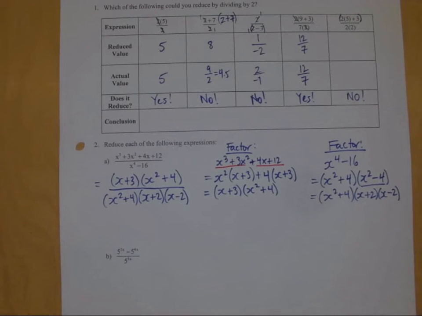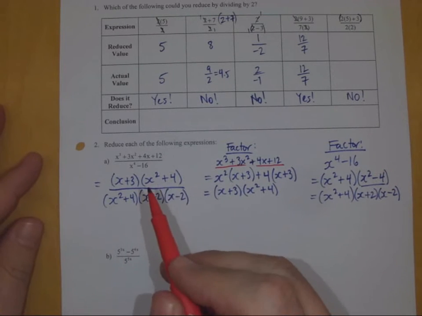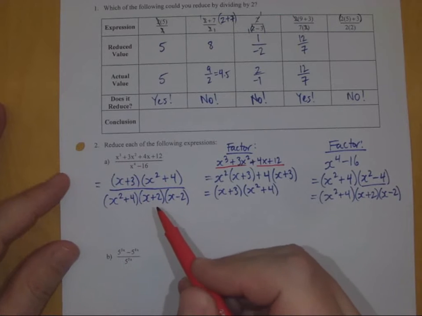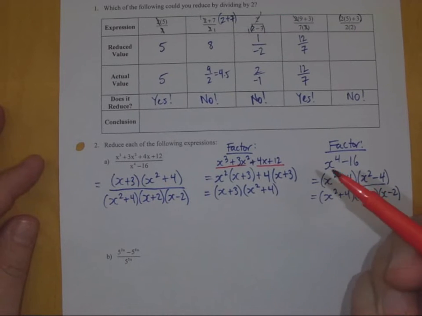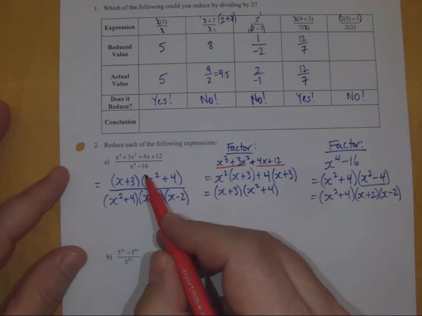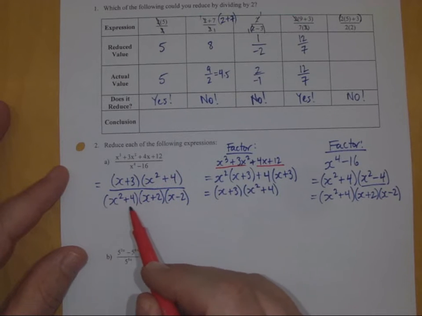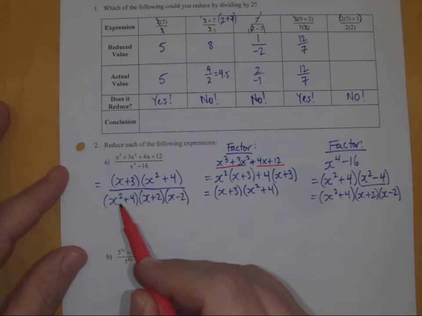And now that we have everything factored, we can look at this and ask, are there any factors on the top and the bottom that would give us the exact same answer? I'm looking at this factor, x squared plus 4, and that factor there. They're going to give me the exact same answer.